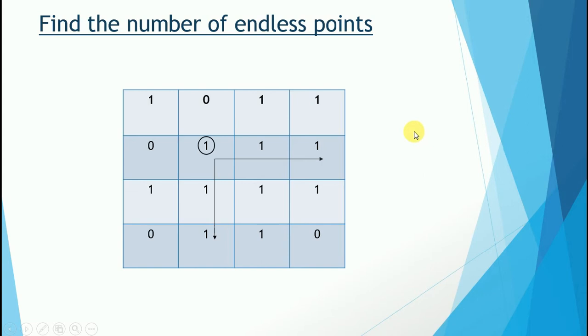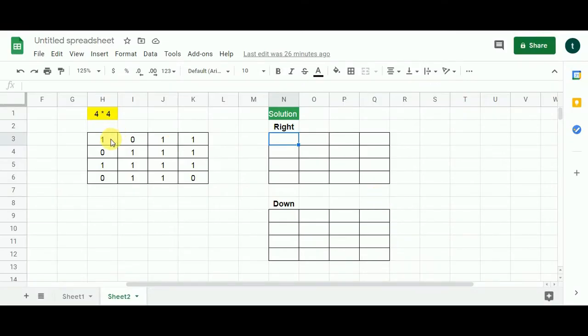So let's move to the framework where we are going to find the total number of endless points using the dynamic programming technique. Here is our framework where I have put down our 4x4 matrix.